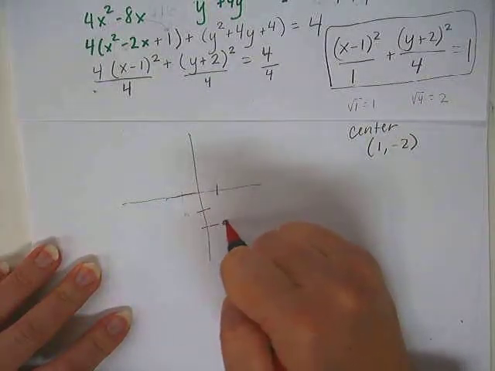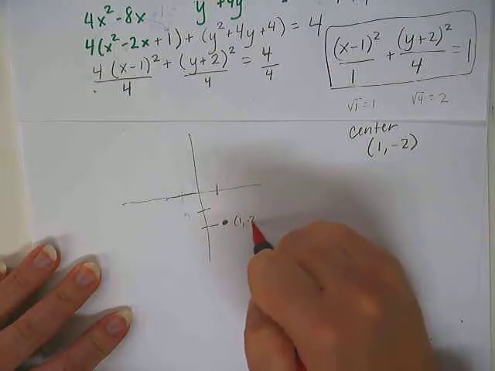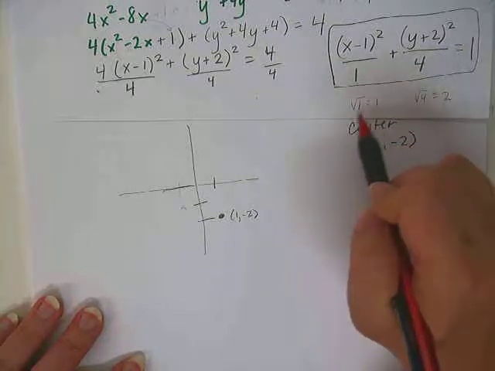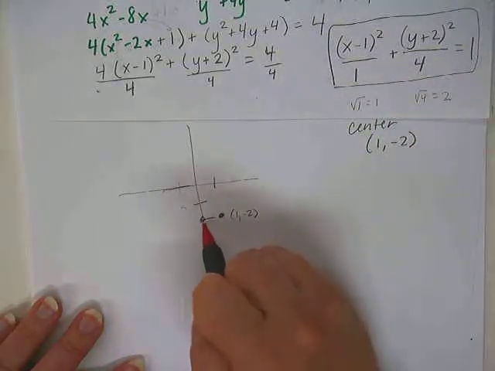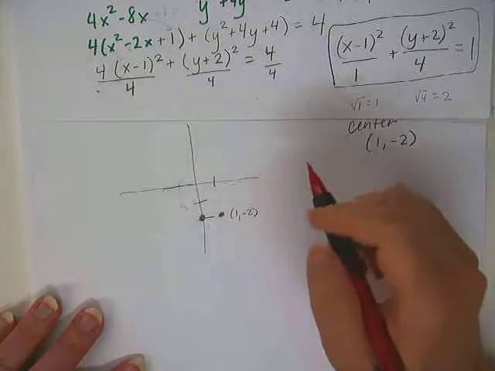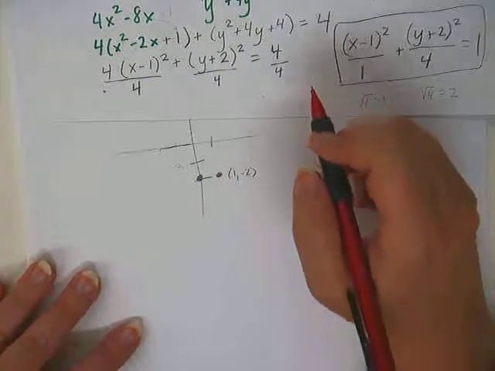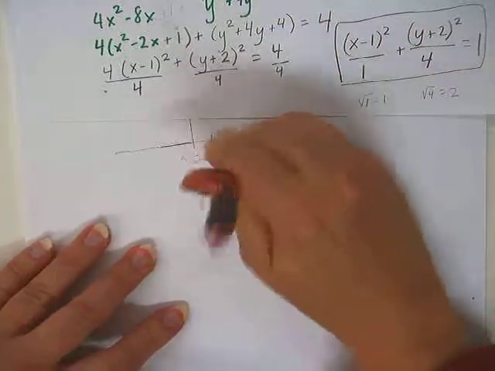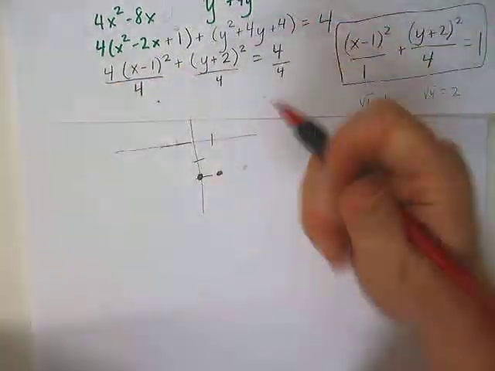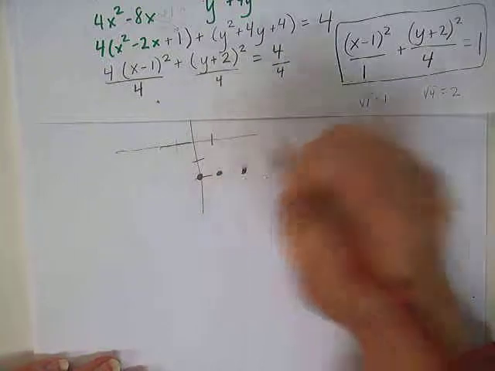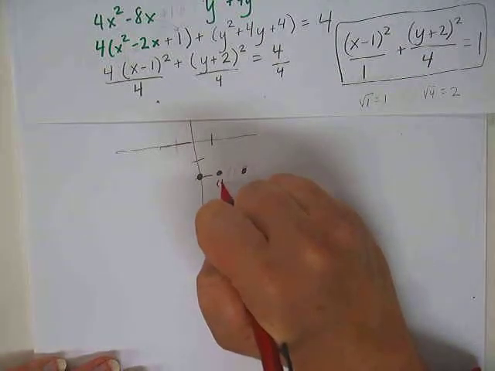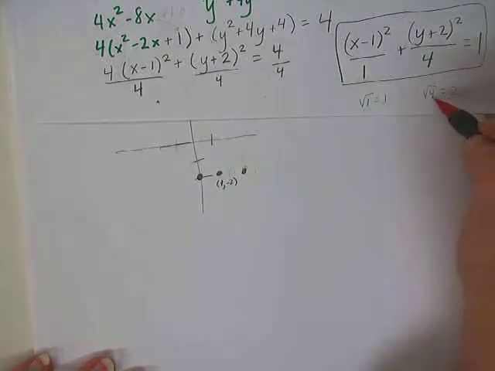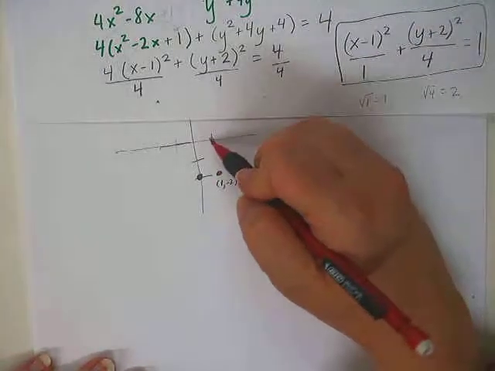Oh, wait, first we draw the center. So the center is at 1, -2. Then for the x direction, we go left and right a distance of 1. So there will be a point here at 0, -2. And a point here at 2, -2.